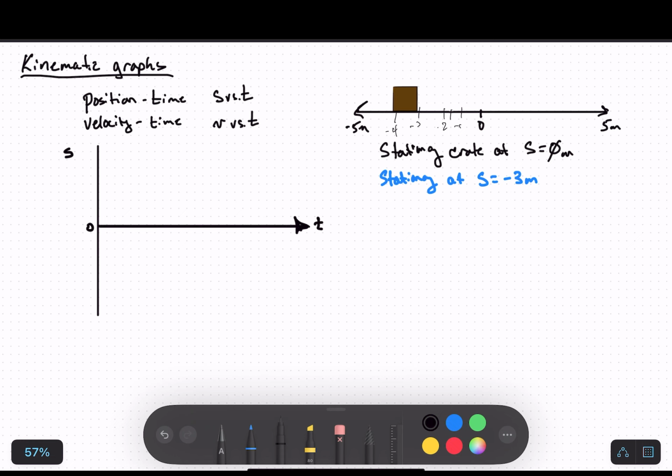So we're stationary at s equals negative 3 meters. Okay, so what's that going to look like on our graph? Well, it's going to go negative 1, negative 2, negative 3. Okay, and because it's still not moving, it's just staying there as time goes on, so its position is not changing.